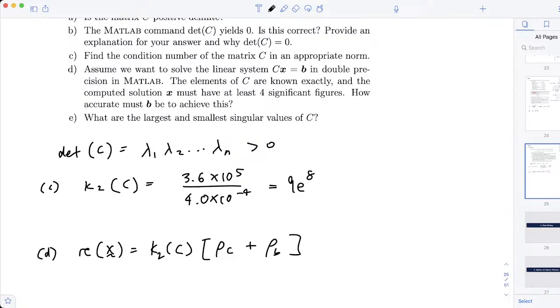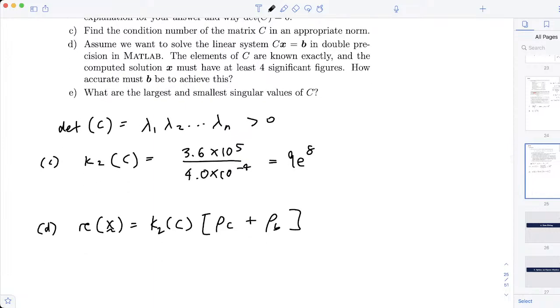The elements of C are known exactly, so what we can say is the relative error is epsilon, which is roughly, I'm just going to substitute this in, 9 times 10 to the power of 8, times, always just use 2.2 times 10 to the power of negative 16. You just have to remember that. Plus the relative error of B.